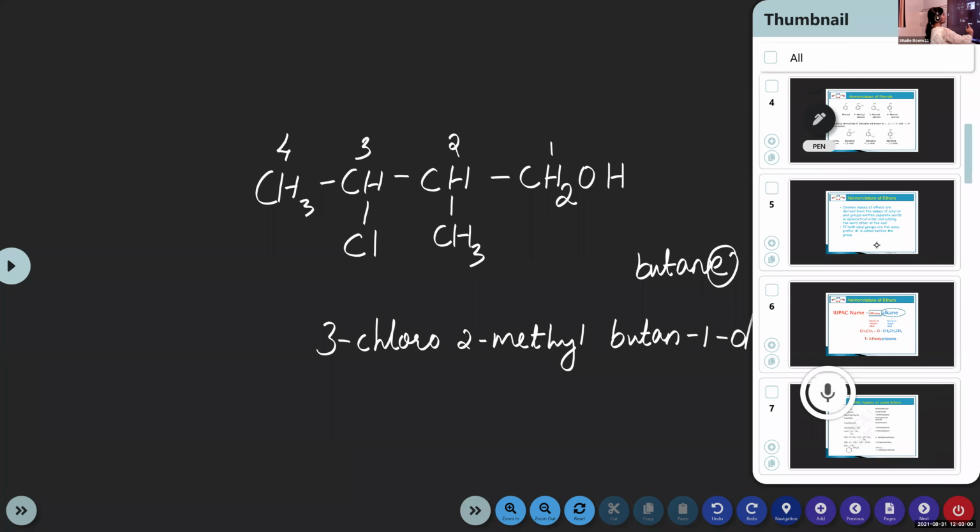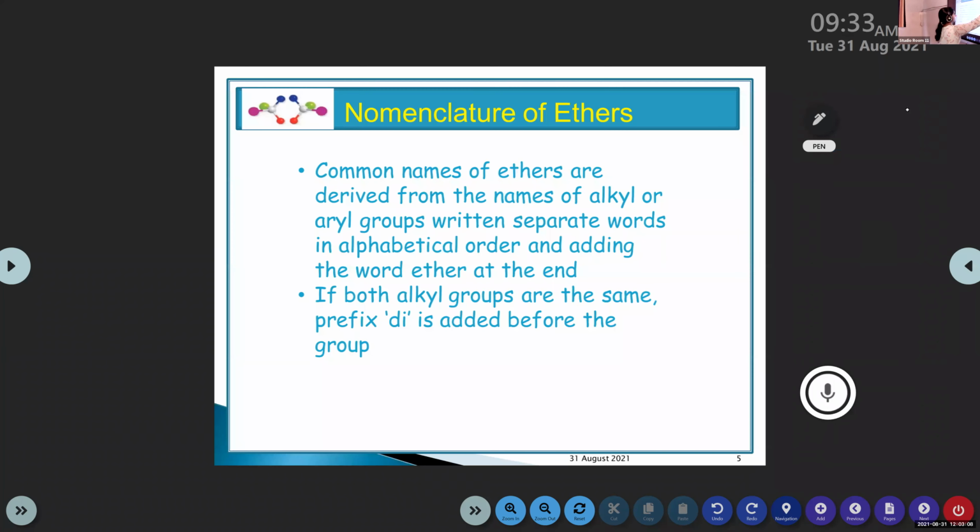Then we are moving to the nomenclature of ethers. In the case of ethers also, there are two names, one common name and an IUPAC name. The common names of ethers are derived from the names of alkyl or aryl groups written as separate words in alphabetical order.